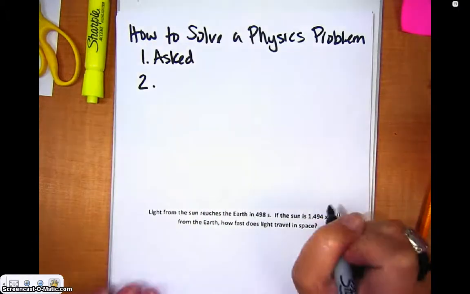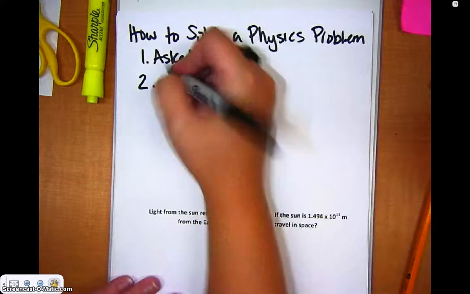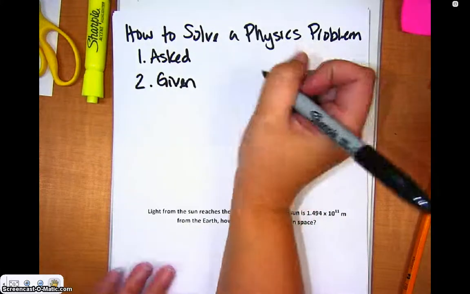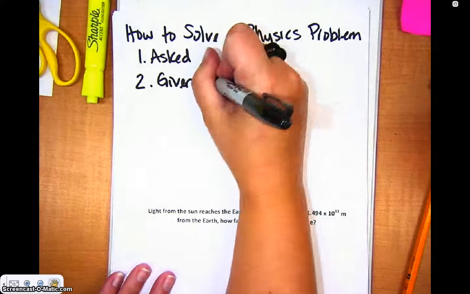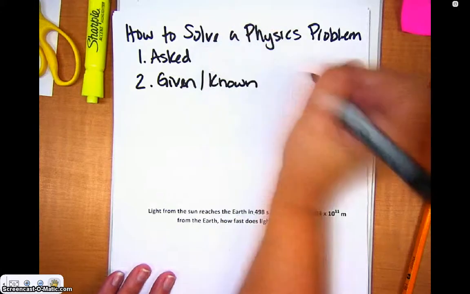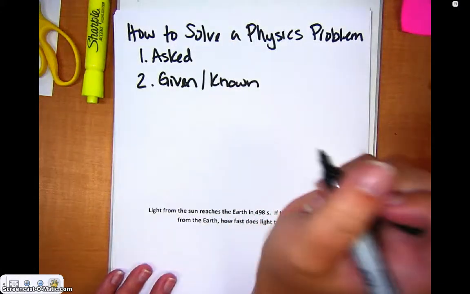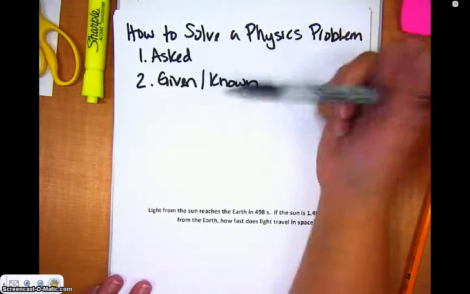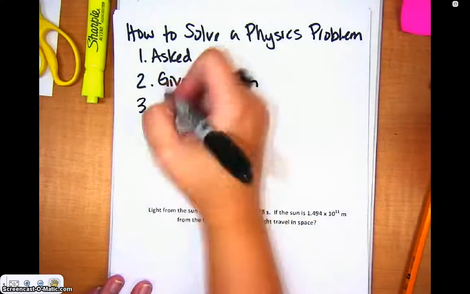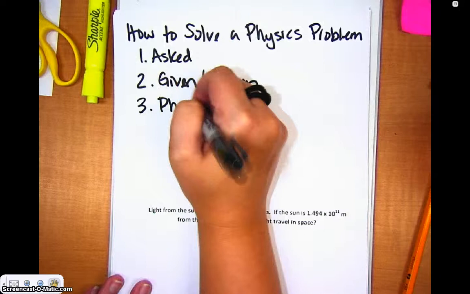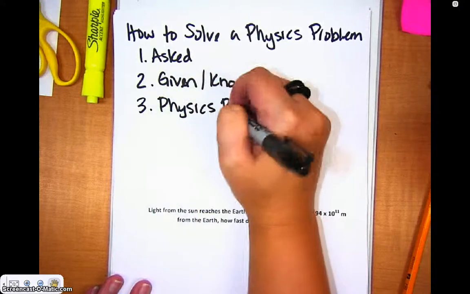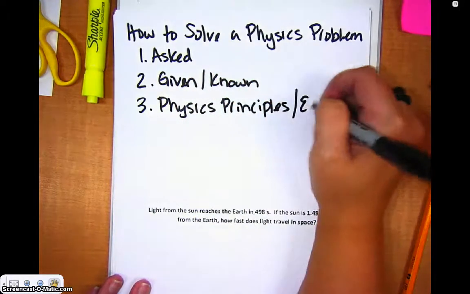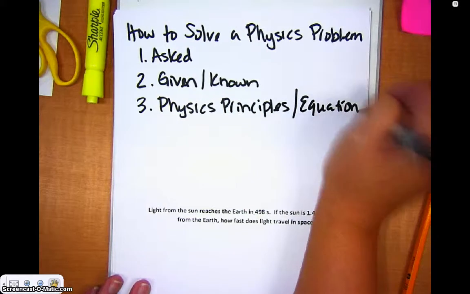The second thing that we do is, based on the problem, identify information that's either given to us or that can be known or inferred from the problem, and we'll list those. Then, based on the variables that we need to solve for, we're going to identify the physics principles and the equations that apply to that situation.